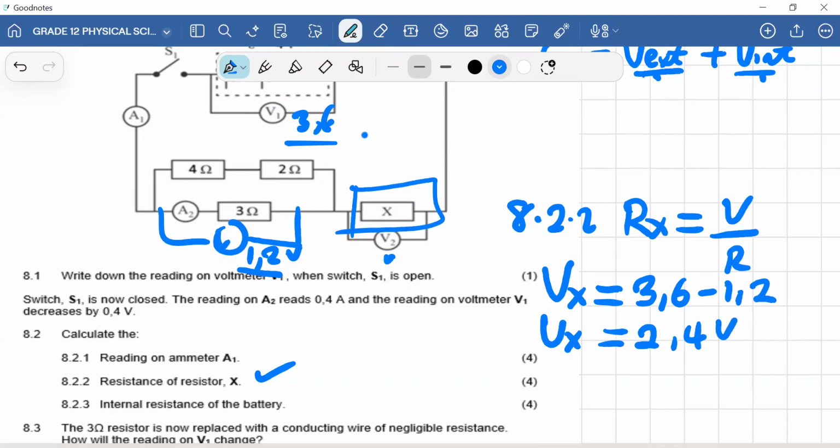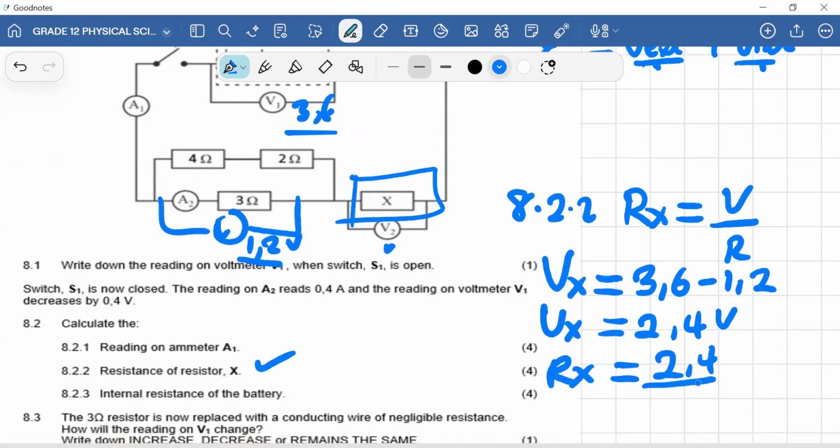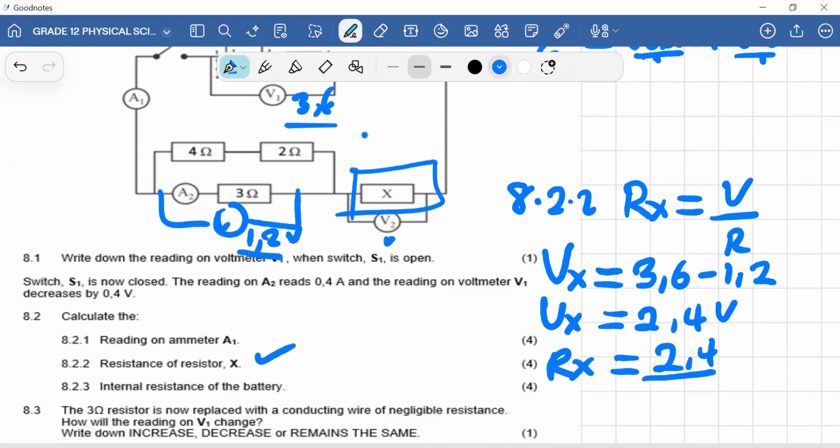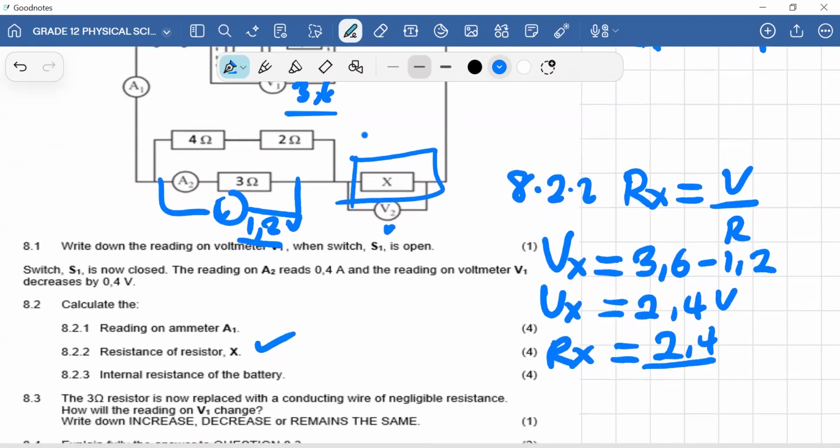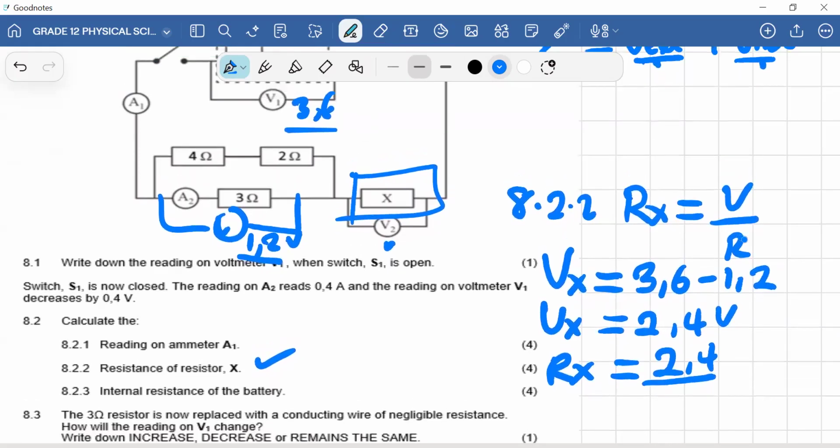So therefore, how do we find the X ohm resistor? How do we find that resistance? We're going to say the X ohm resistor is equal to the voltage, which is 2.4, and then we divide 2.4 by, sorry, I made a mistake here to say the resistance again, it's supposed to be the current.